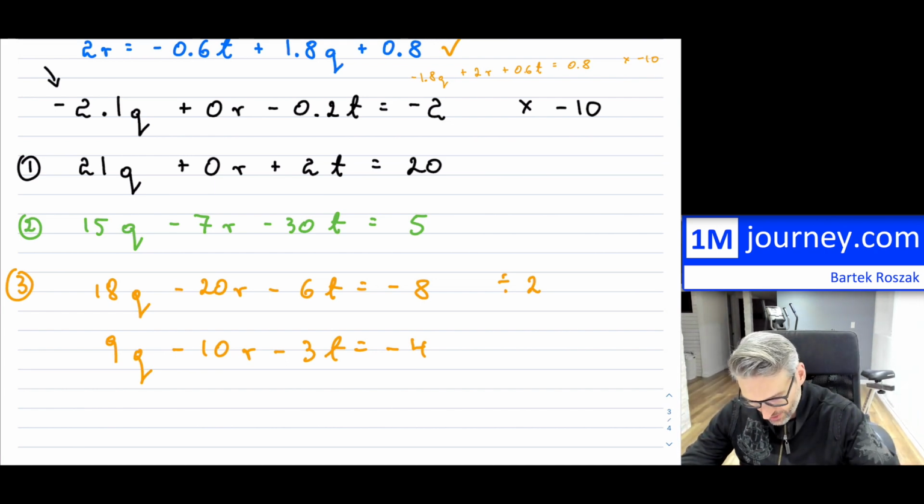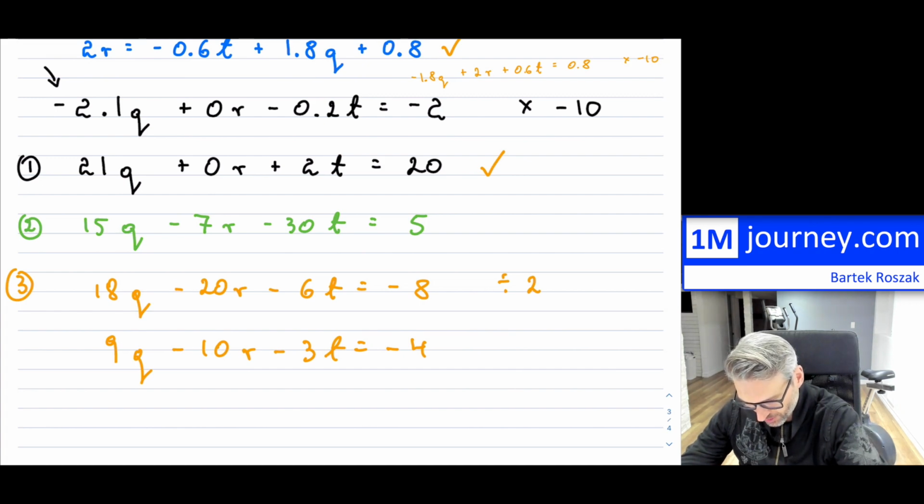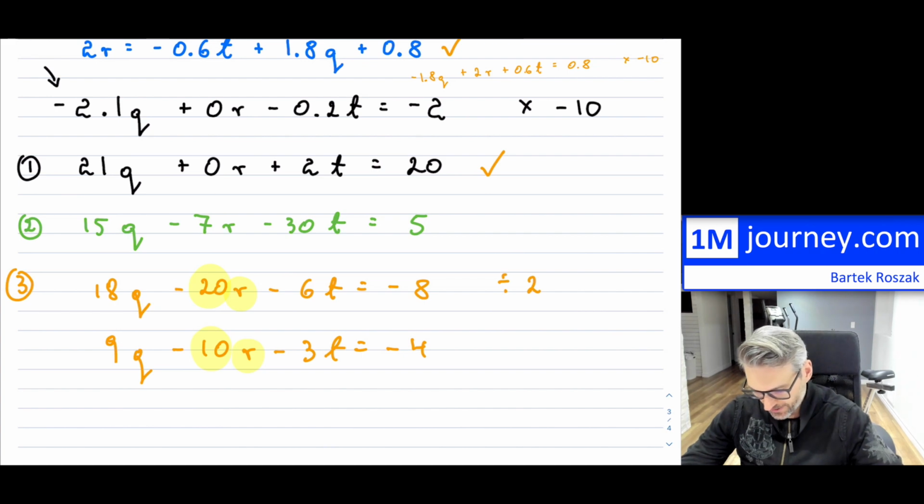I can see here that the r is equal to 0. So I can try to get rid of the r as well. So I'm going to get rid of the r over here. The reason for that is because I see 20 and 10, right?